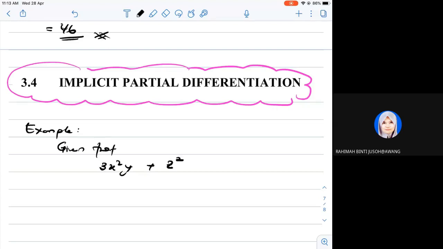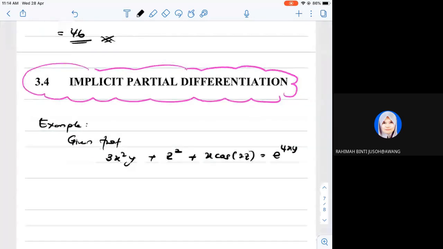Z kuasa 2 lah. Tambah x cos z, x cos 2z. Macam tu. Equals to exponent 4xy. Macam tu. Okay. So if you notice here, guys, this is the equation.